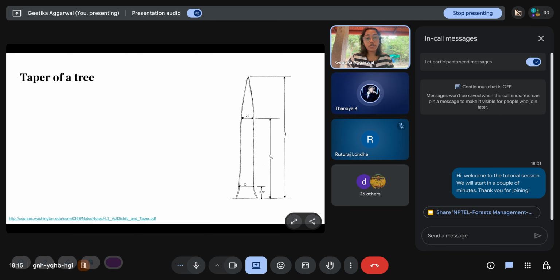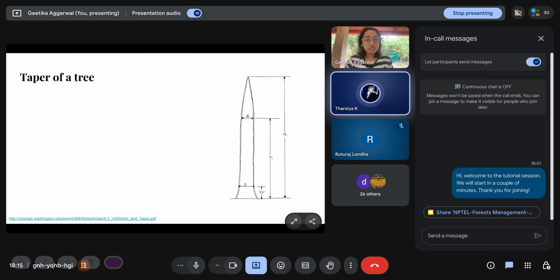Anyone? Maybe the gradual decrease in the tree stem diameter, from the thick base to finer tip.